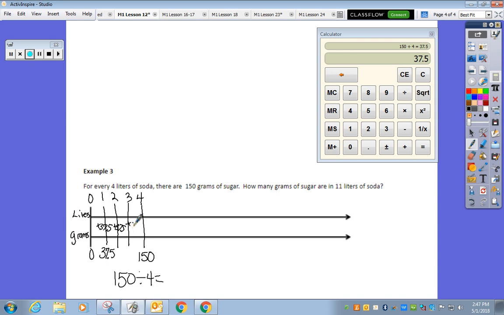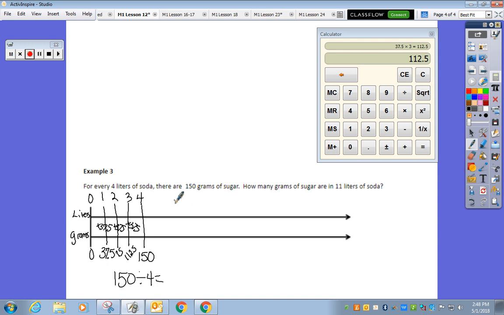They're all multiplied by 37.5. So I can take my 37.5, multiply it by 2, and get 75. I can take my 37.5 and multiply it by 3, which is 112.5.